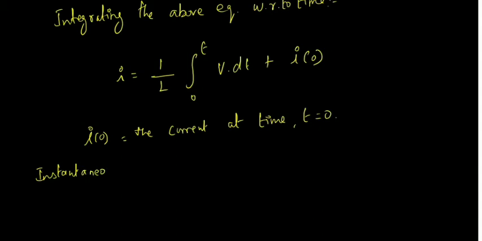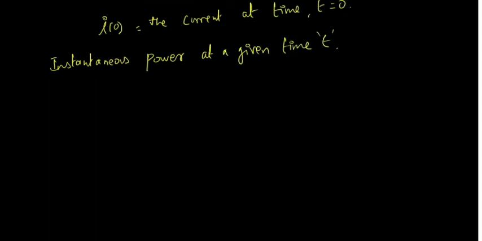Now the instantaneous power, the power entering into the inductor at the given time t. What is the formula for calculating power? It is the product of voltage and current. So P is equal to VI.